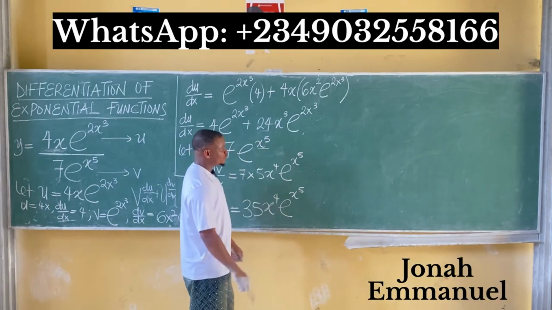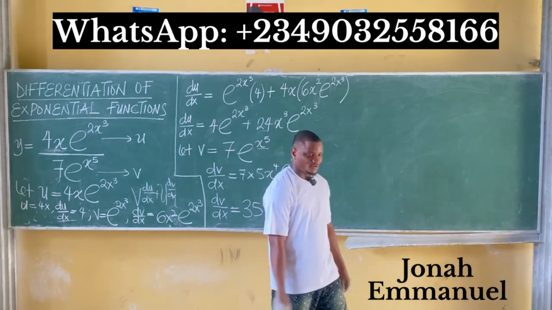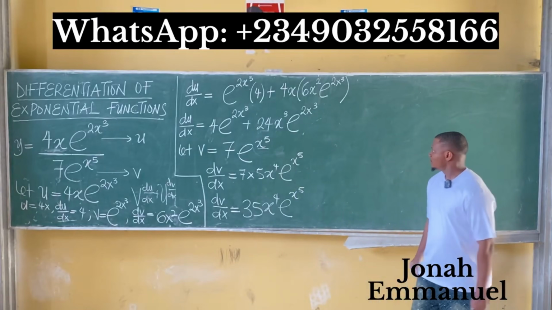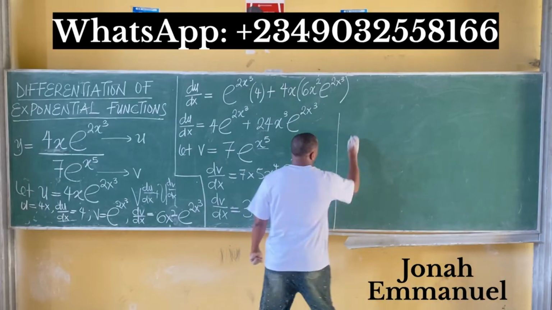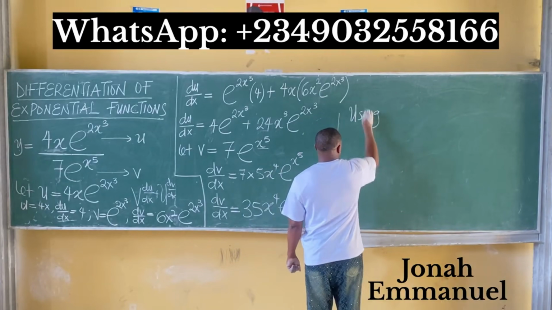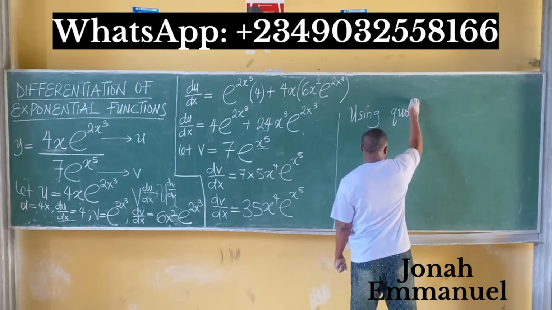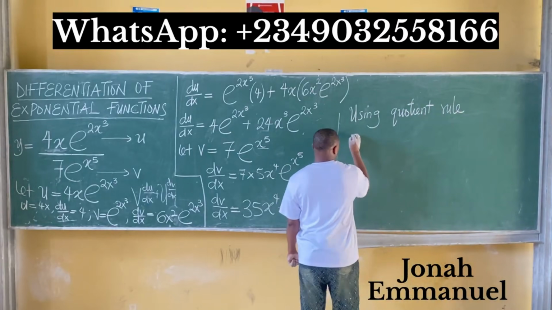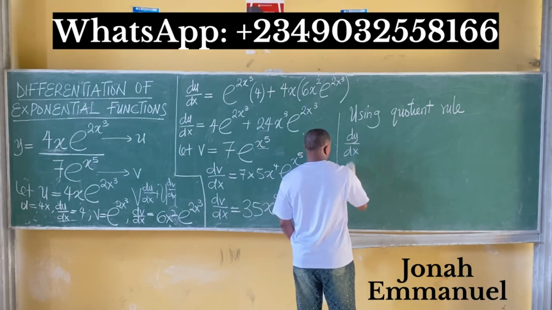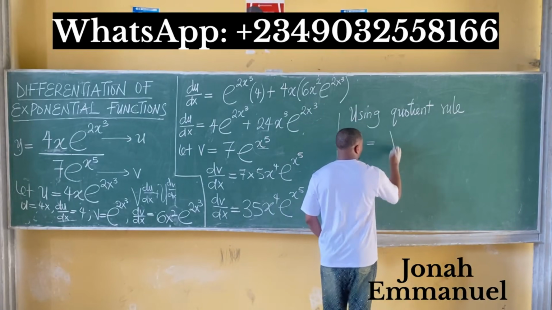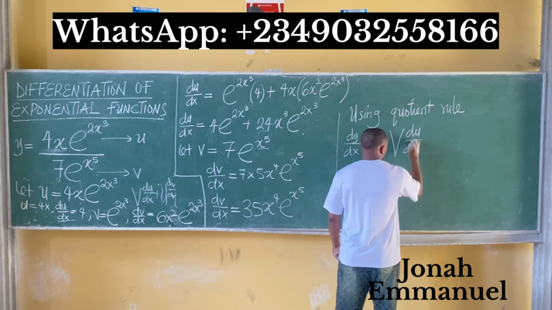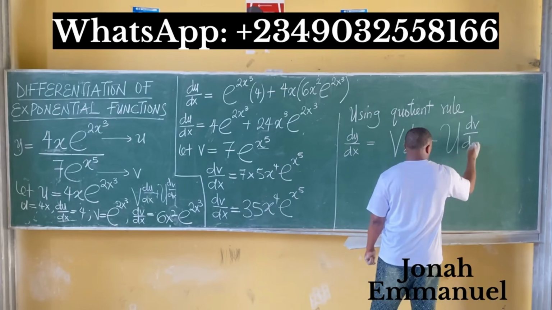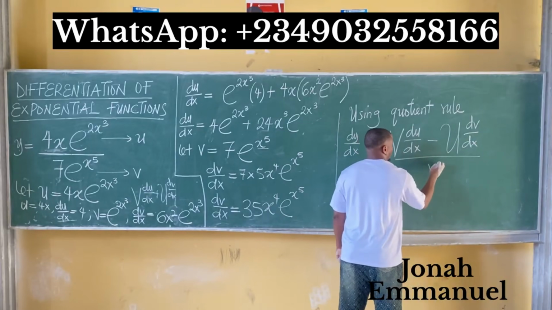You now say, using the quotient rule, you have that dy dx is equal to v du dx minus u dv dx all over v squared.